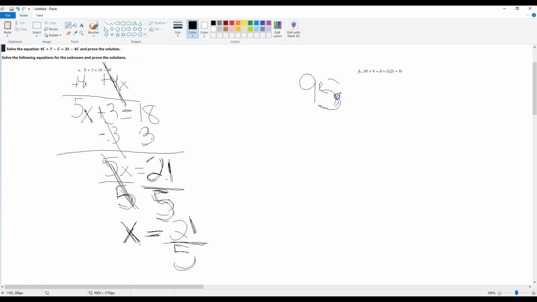9s plus 8 minus s equals 2 times 2s plus 2 times 8.